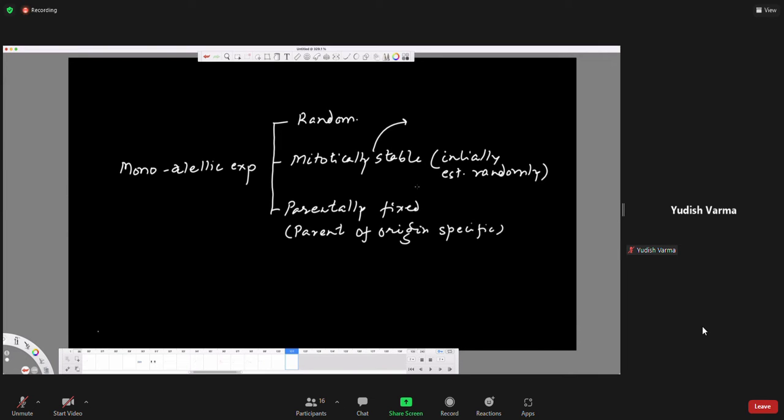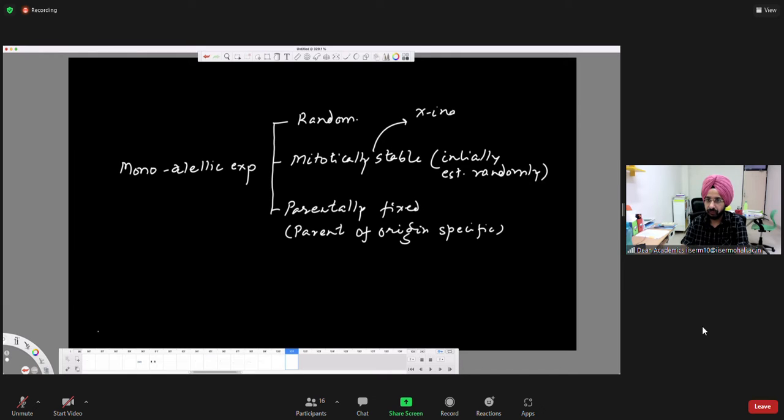X inactivation is one example. Now X inactivation is constrained only to the X chromosome. We also have something called autosomal monoallelic expression. So it's not only constrained to X inactivation, there are other loci also. Up to 20% of the genome could be monoallelically expressed from autosomes.